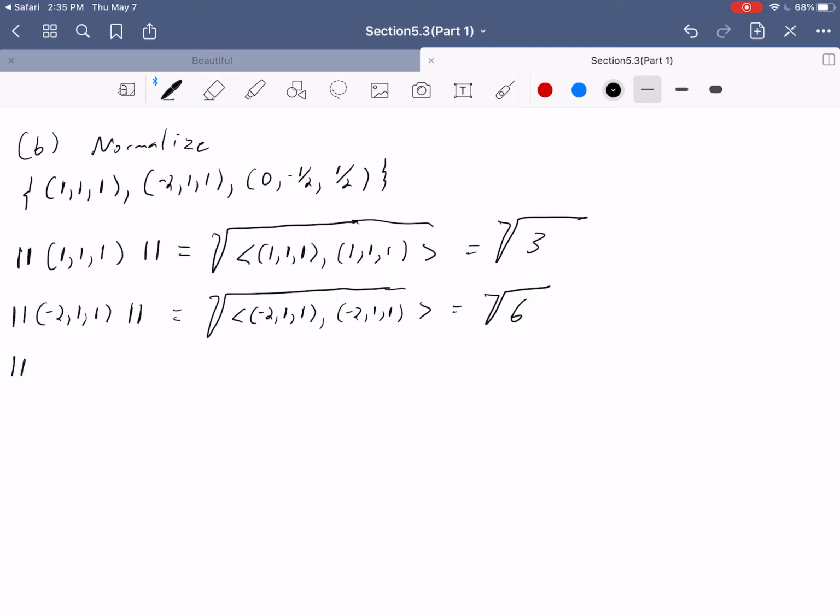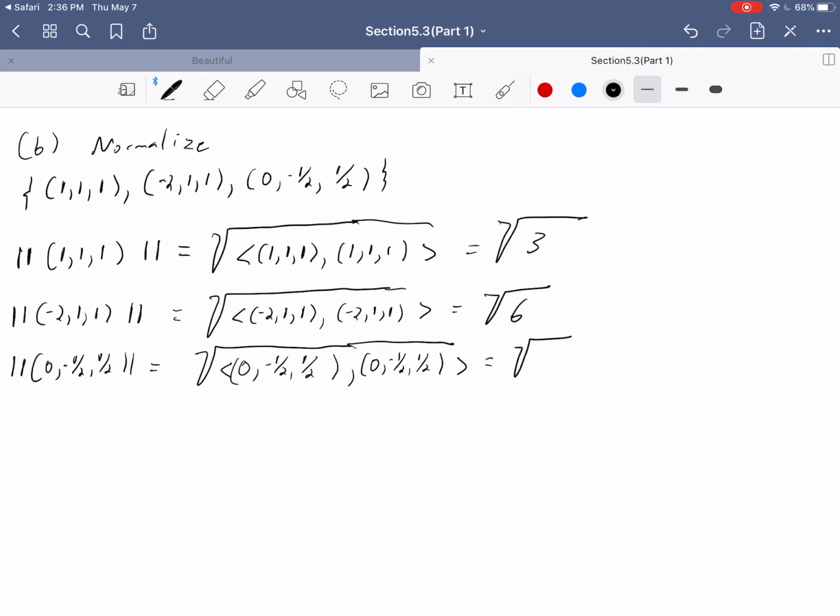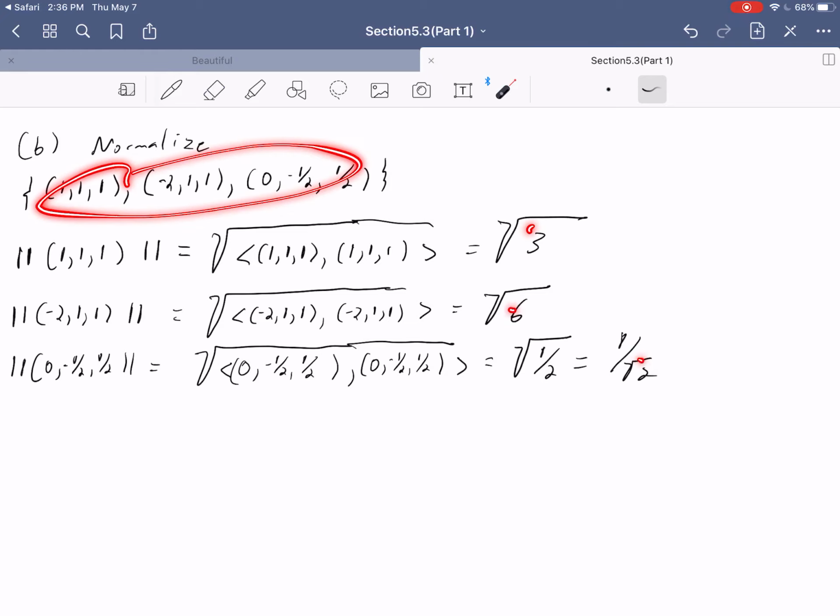And then the norm of (0, -1/2, 1/2) is going to be the square root of the inner product of (0, -1/2, 1/2) with itself. Okay, and if we do that, looks like we'll get a quarter and another quarter, and add those up, we'll get the square root of 1/2, which is 1 over root 2. So now we divide each of these guys by their individual magnitudes.